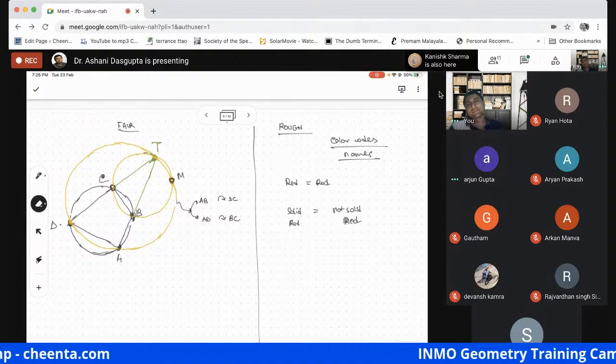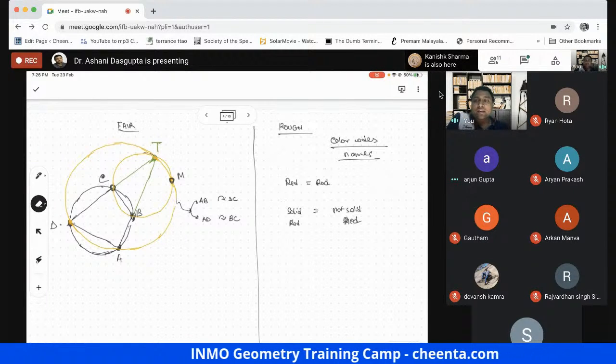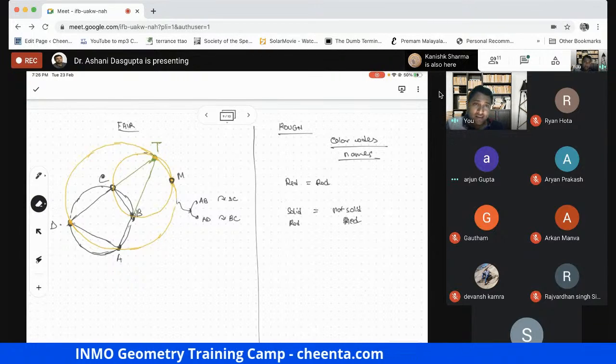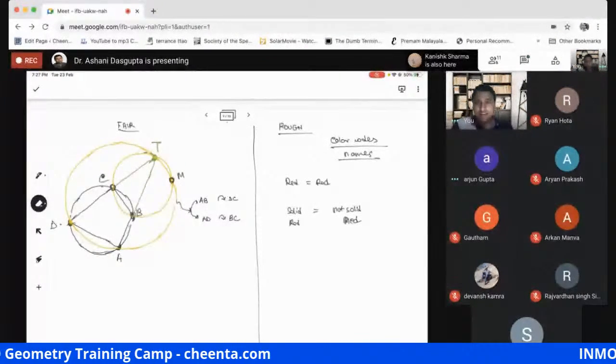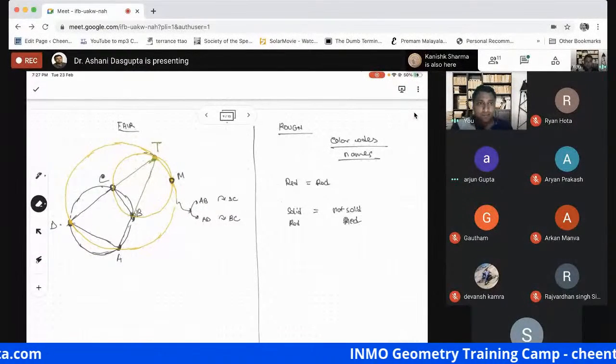That could be useful. If you are not in the habit of doing that, I don't suggest starting at INMO, but this is something you can think about.